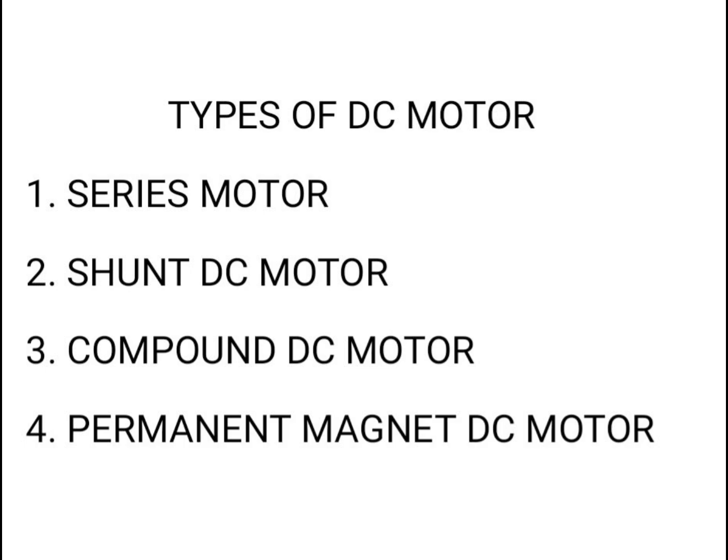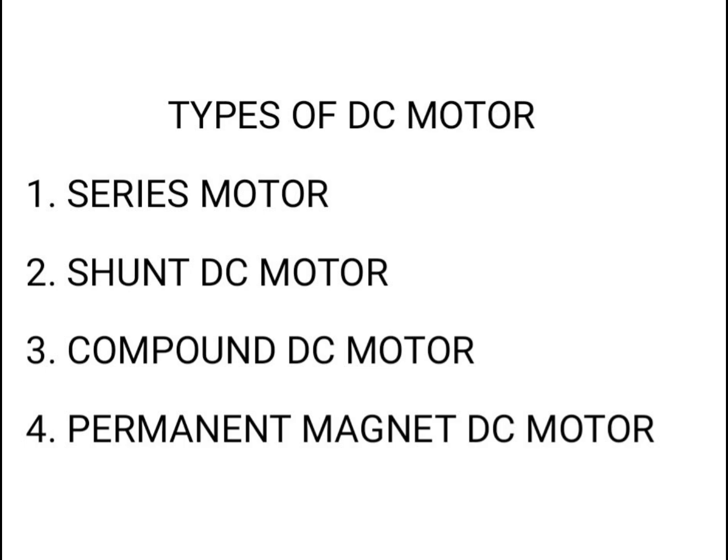2. Shunt DC motor. In this type, the field windings are connected in parallel, or shunt, to the armature. It provides constant speed, which is useful for machines like lathes and fans. 3. Compound DC motor.